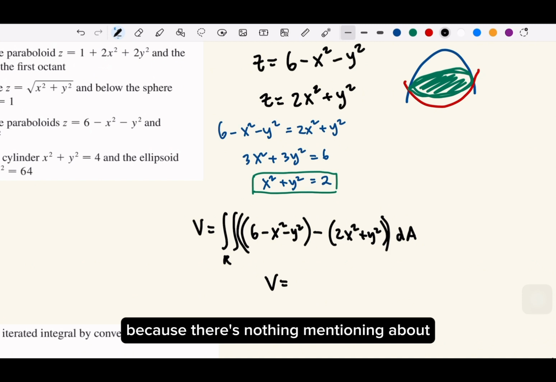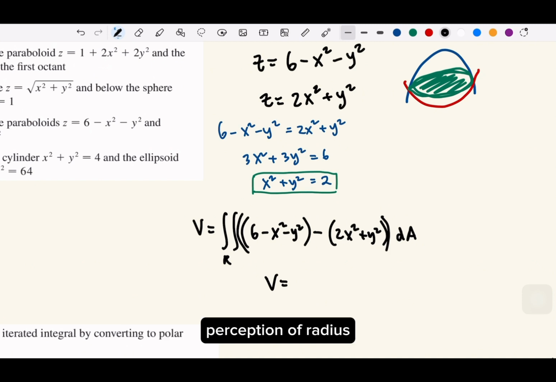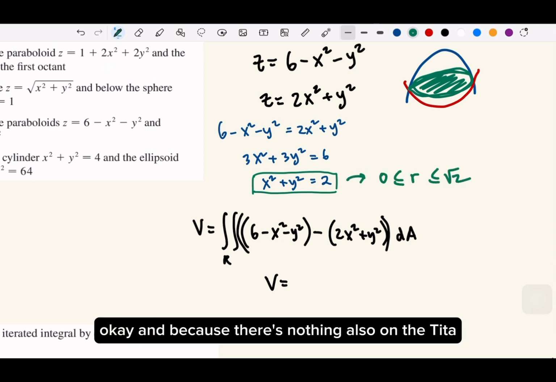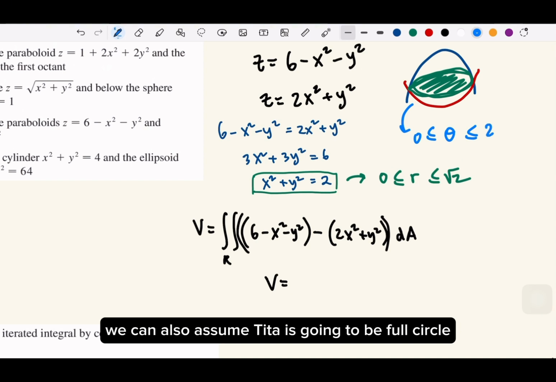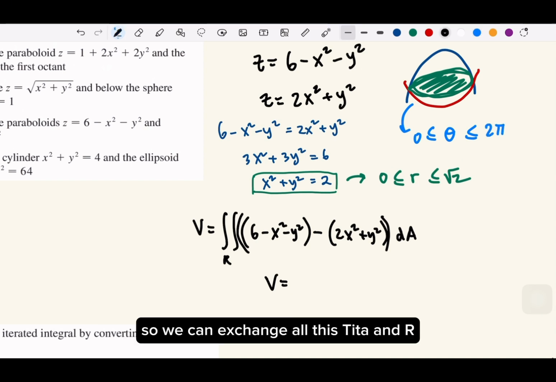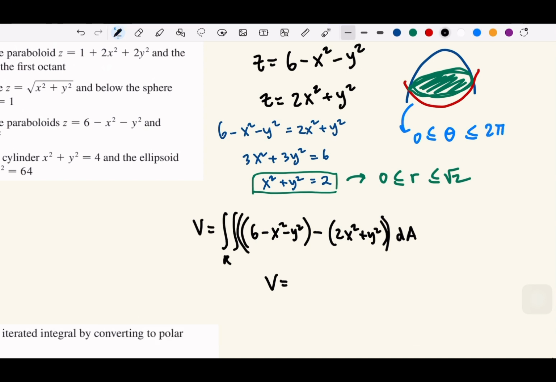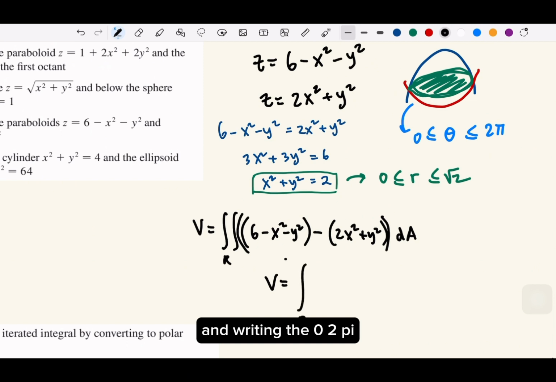Because there's nothing mentioning a restriction on the radius, we could say the radius is from 0 to the square root of 3. And because there's also nothing on theta, we could assume theta is a full circle. So we could change to polar coordinates, writing theta from 0 to 2 pi, and r from 0 to the square root of 3.